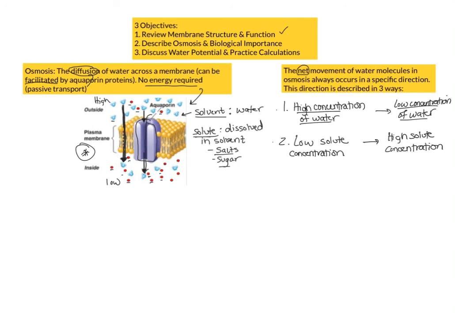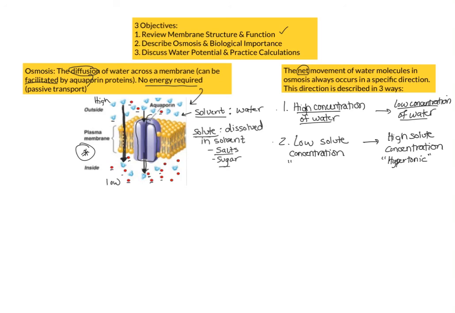Now, we have terms for this. When we compare two sides, in this case of a membrane, the side that has high solute concentration, meaning it has a very high amount of it, we call a hypertonic environment, meaning that there is a high amount of solute.